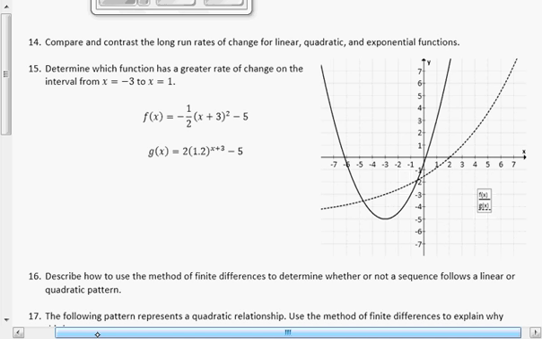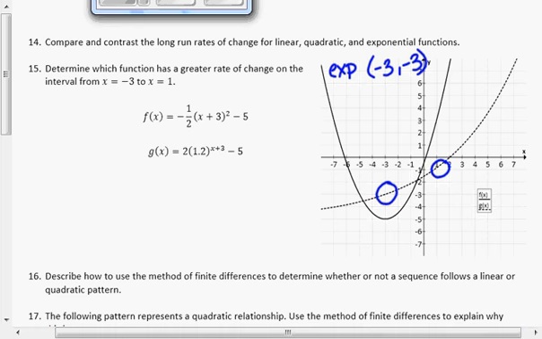So for our exponential, we have negative 3, negative 3. You can also take negative 3 and put it where x is into the function, and where x is 1, which is right about here, and it's not exactly on that mark, so we probably want to plug that in.